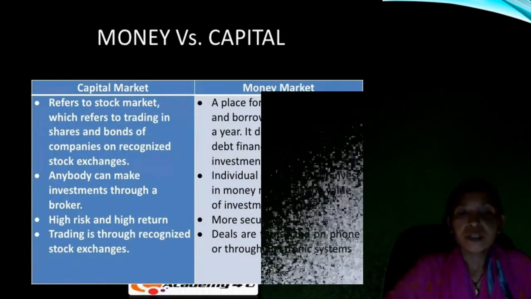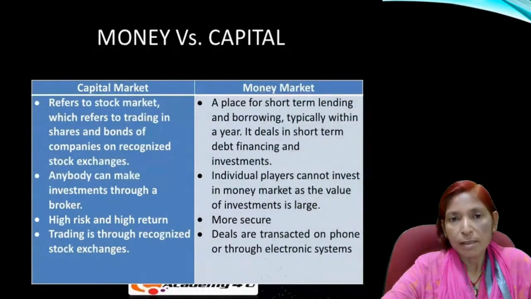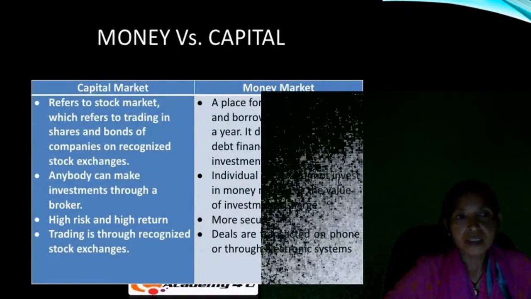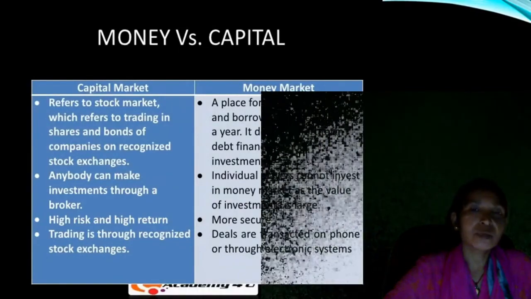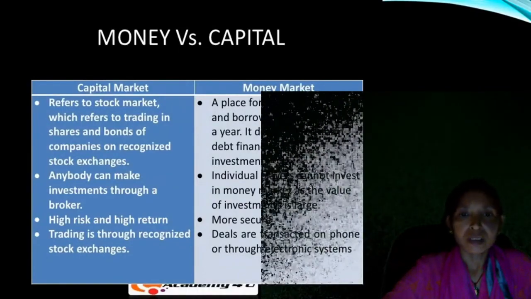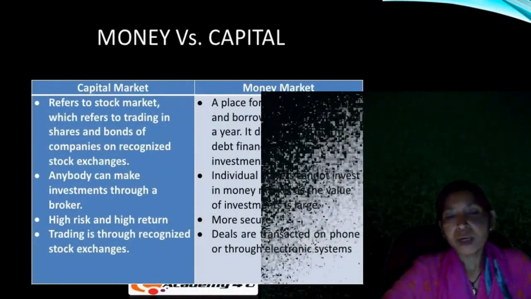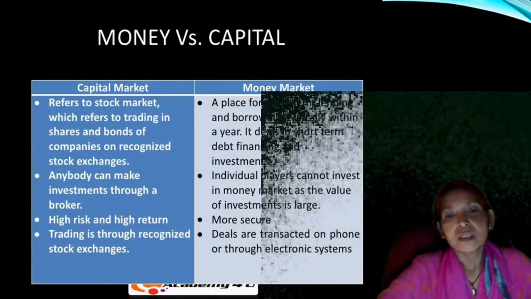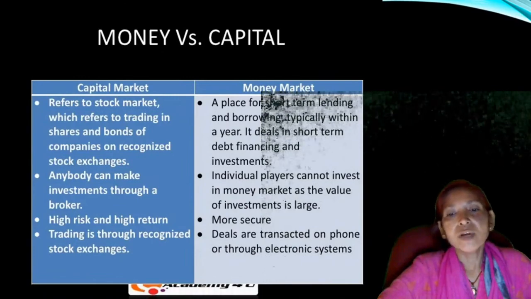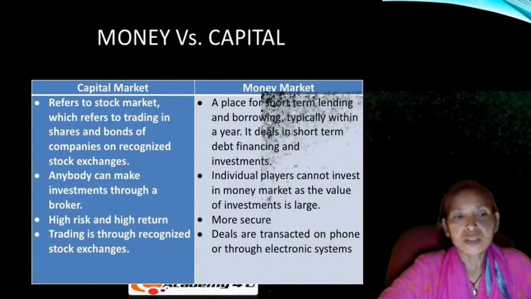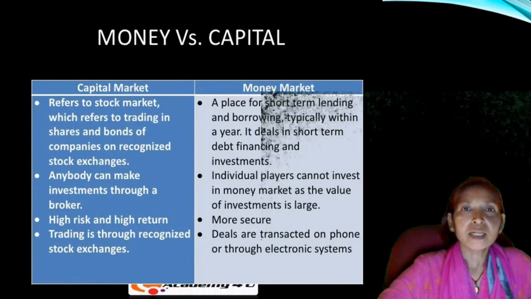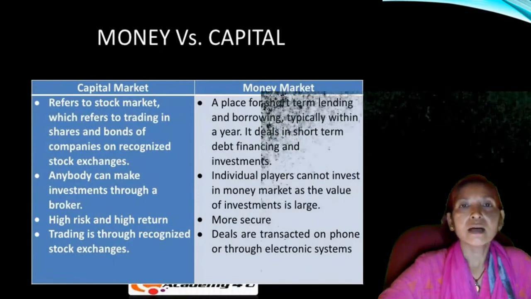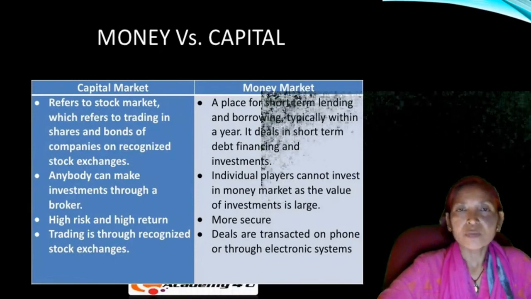In capital market, anybody can make investment through a broker. And in case of money market, individual players cannot invest as the value of investment is large. And in capital market, there is high risk and high return is possible.